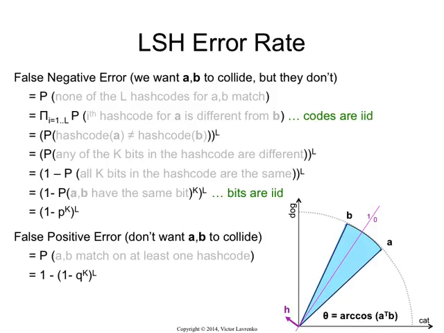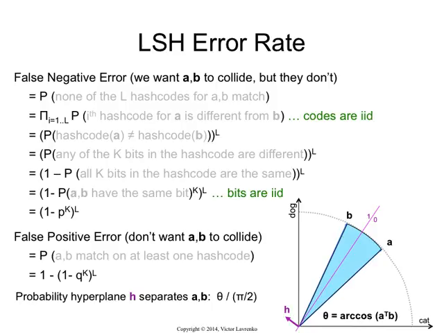Now, what is theta? A and B are documents. They're unit length vectors. I'm projecting them to a unit sphere. So if I take A transpose B, if I just do a dot product between A and B, when they're unit length, a dot product is just the cosine of the angle. So you can compute the angle by doing the dot product and taking the arc cosine of that. That'll just give you the angle theta.